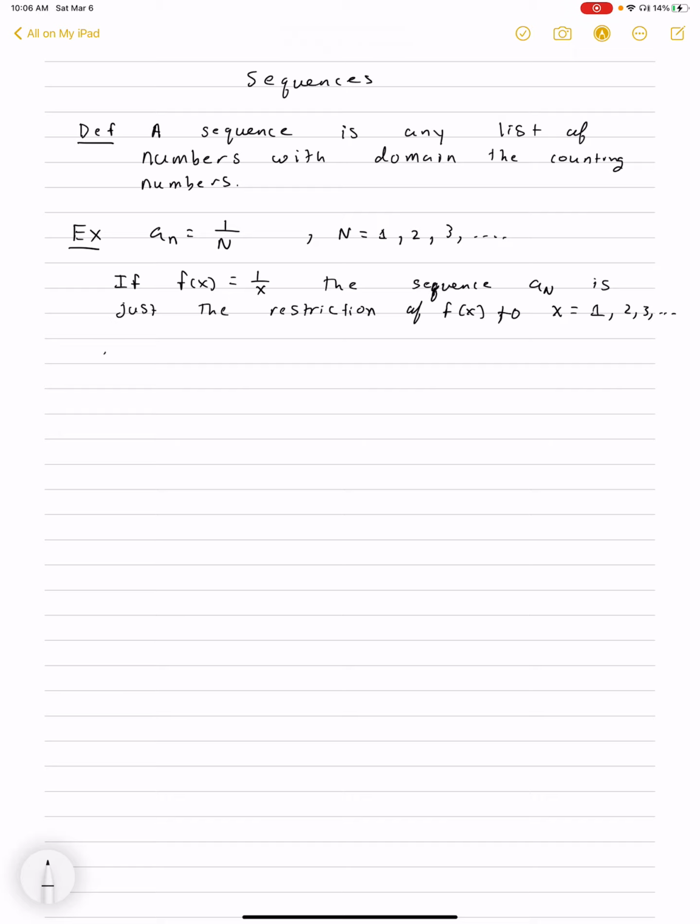Okay, and in this instance, a sub 1 is equal to f of 1, and that's 1. A sub 2 is going to be f of 2, which is 1/2. A sub 3, similarly, is f of 3, which is going to be 1/3. And here's a natural question that gets asked a lot in sequences, which is, what is this limit?